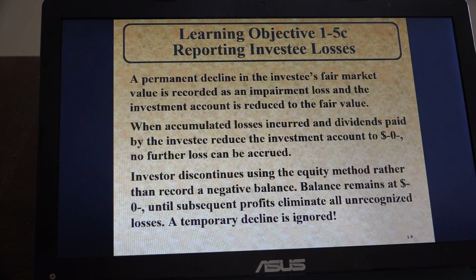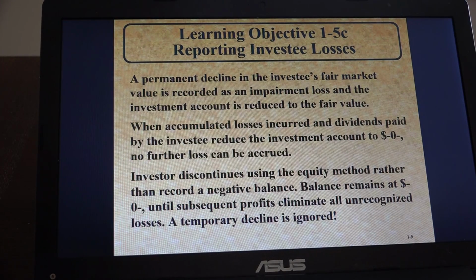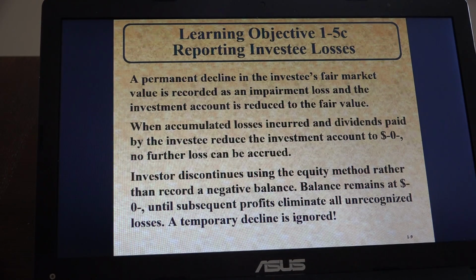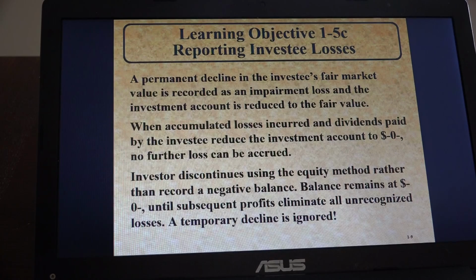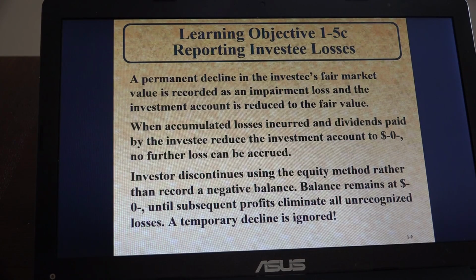Just like if an investee company has net income, the investor has to report their share of the investee's net income. If the investee has losses, the investor must report those losses as well.